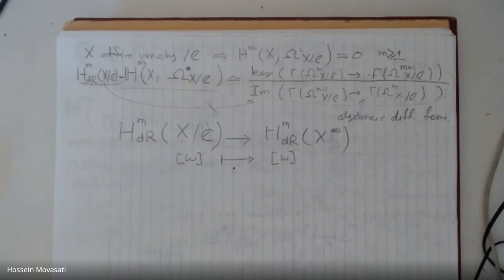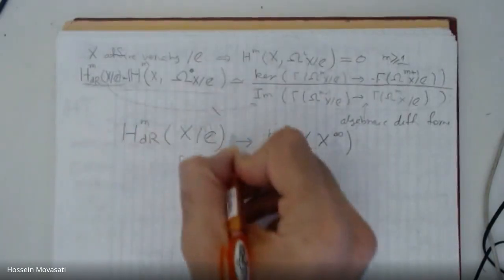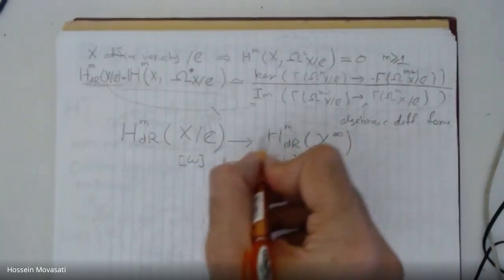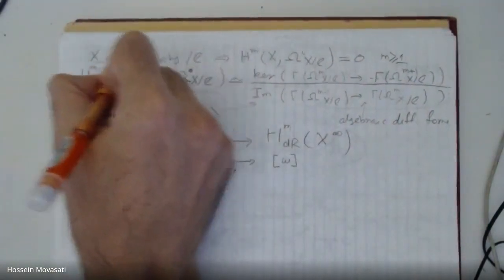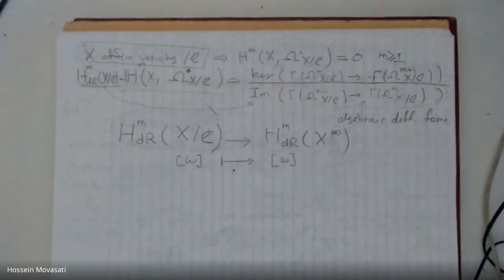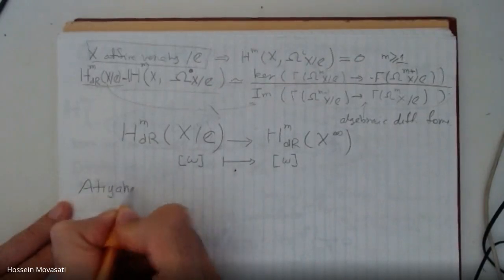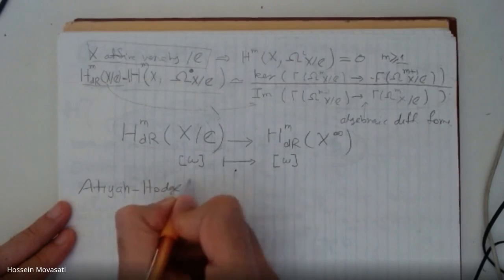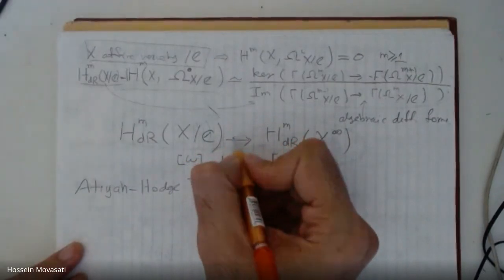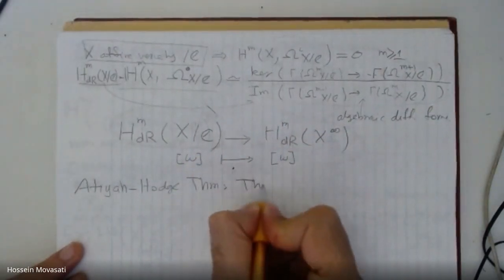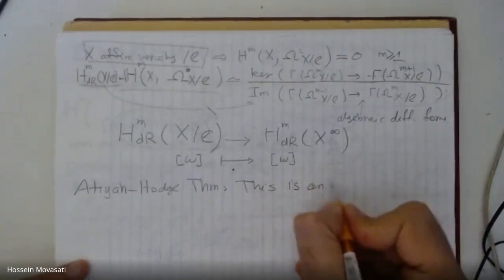So this is the class in the algebraic de Rham cohomology, and this is the C-infinity one, in the case of X affine. Remember that on this page our X is always affine. So the Atiyah-Hodge theorem says that this is an isomorphism.